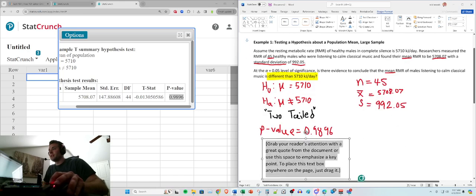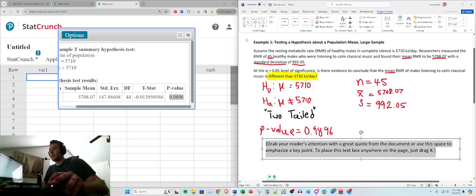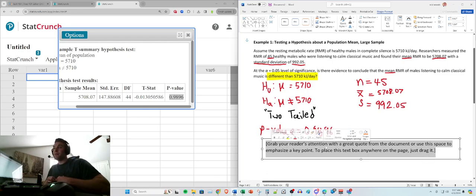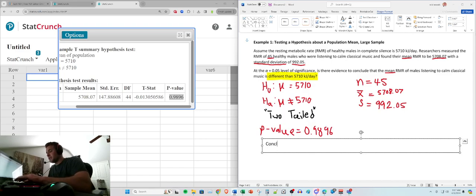Let's form our conclusion for this problem. I think maybe you have run out of space by now, maybe not, but let's write our conclusion.